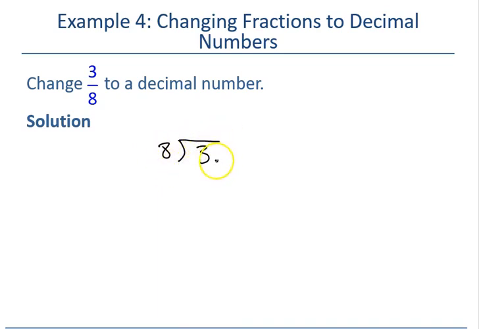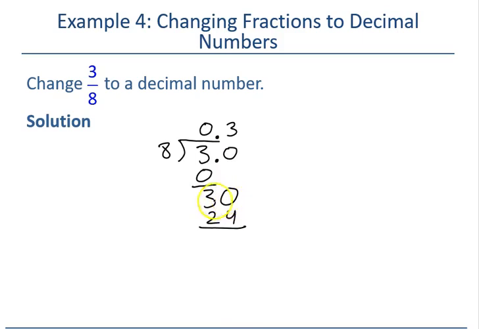So let's put a decimal here, and I'm going to bring it straight up. 8 will go into 3 0 times, and 0 times 8 is 0. Now I can bring down the 3 and add a 0. How many times will 8 go into 30? It'll go in 3 times, giving us 24.